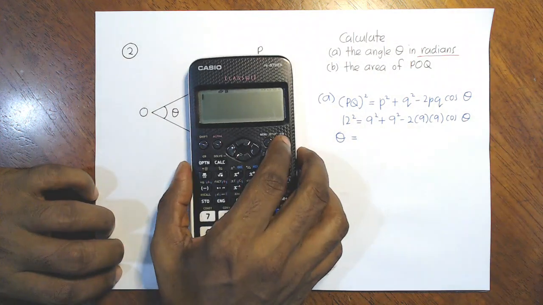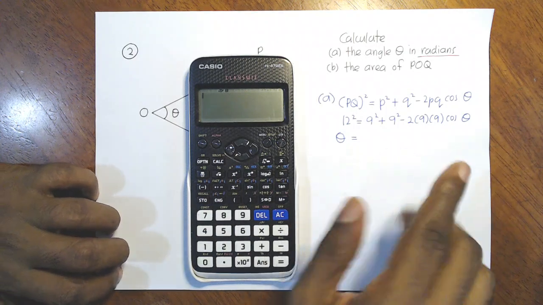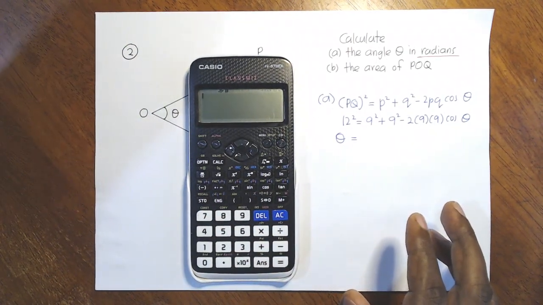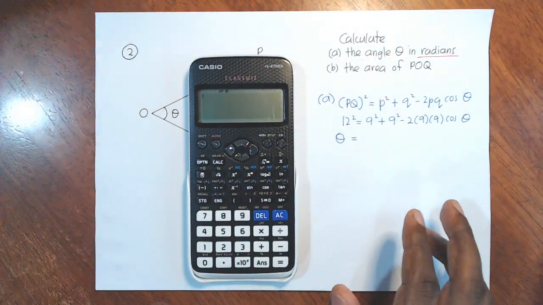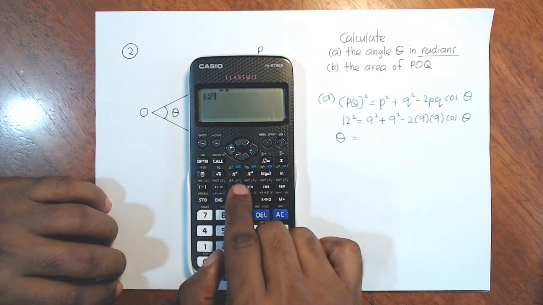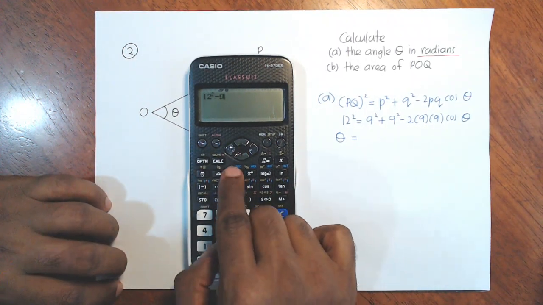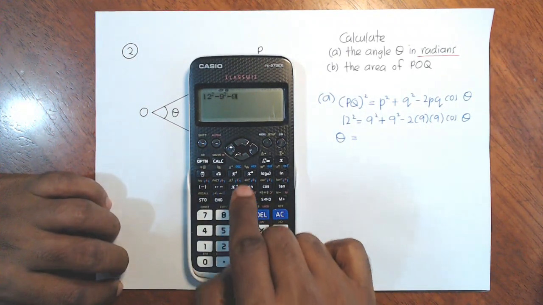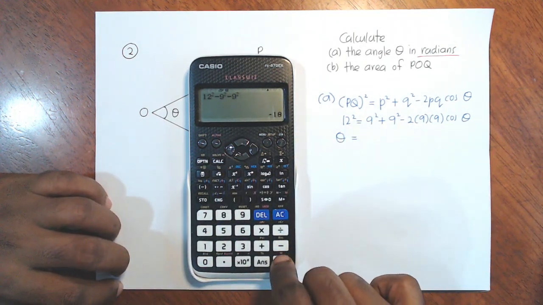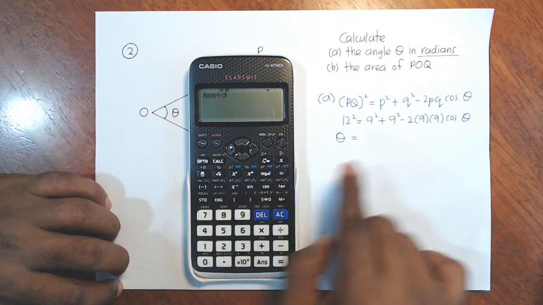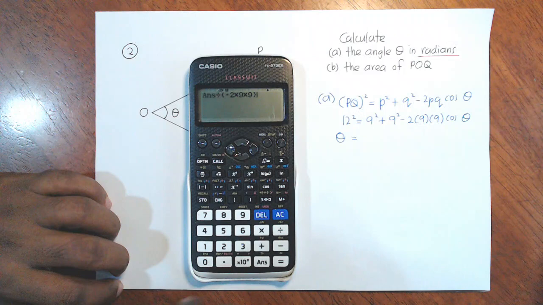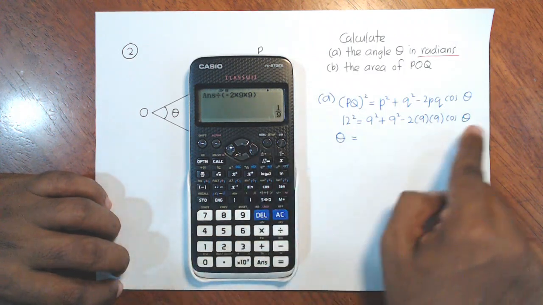So what we do is we do the shifting calculation and all that using our calculator. Right, so it will be 12 square minus 9 square minus 9 square, because we bring all this here, right? Get the answer first and then divide by bracket negative 2 times 9 times 9 close bracket equals to, that will be the value of cos theta.